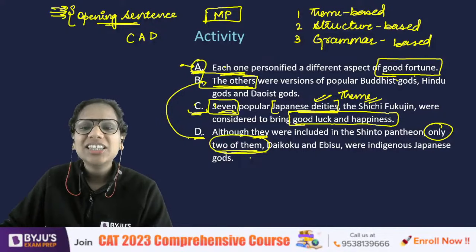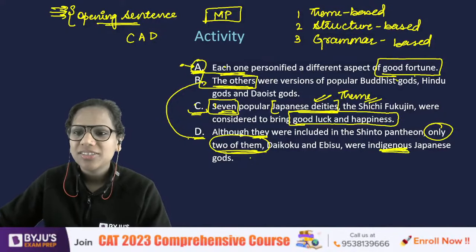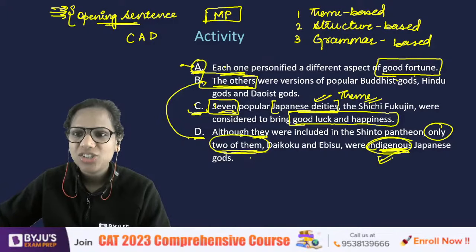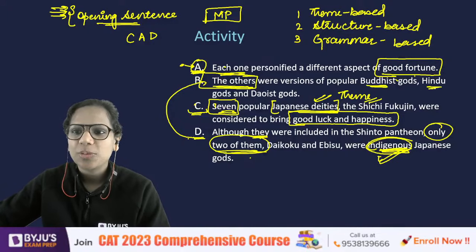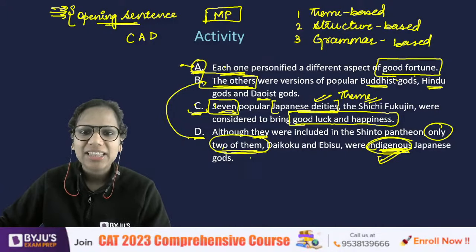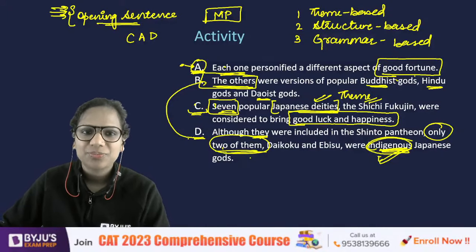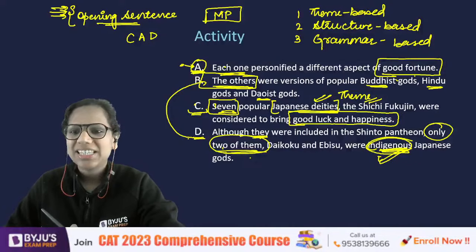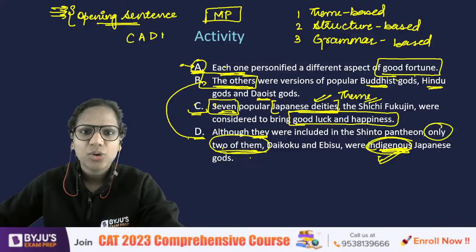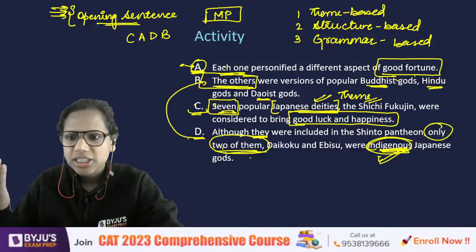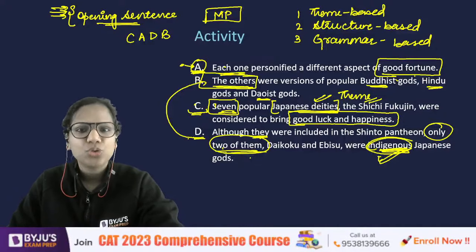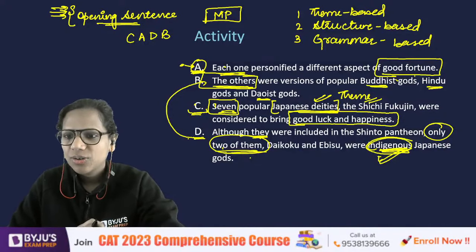So there is a thematic connection here, that only two of them are indigenous, the others are taken from other places. And this two of them, the others, this grammatical connection is also there. So the sequence should be CADB, and not the other sequences that I got. Good, Prajwal. All right.